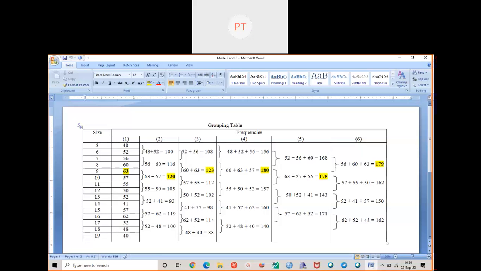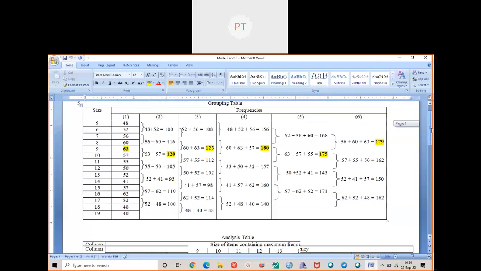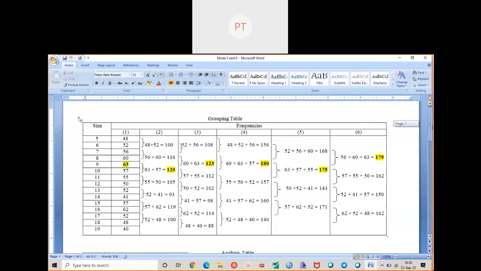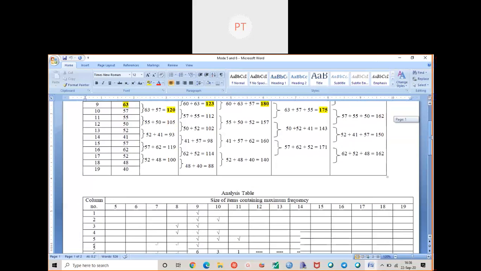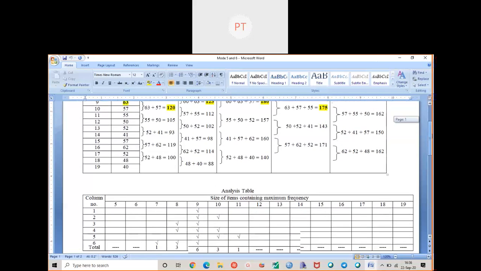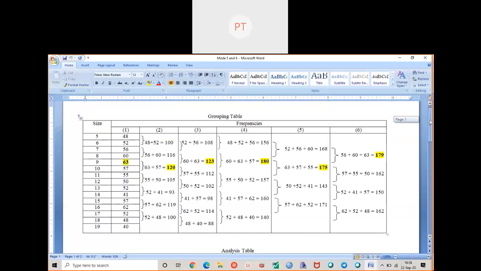Under this grouping method we will prepare two items: the grouping table and the analysis table. We have to prepare these two things.